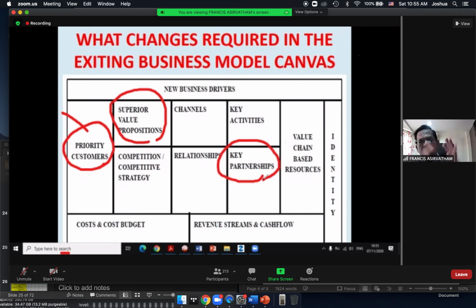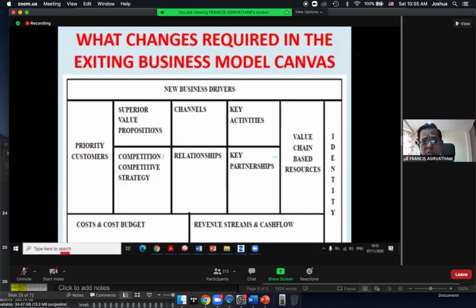The analyst was criticizing, clearly saying they must have a strategic partnership with Cisco. That is a change in the business model. So you need to highlight key partnerships, because this gives you added value. That's why I put it here for students who want high-end marks. You have to know this.